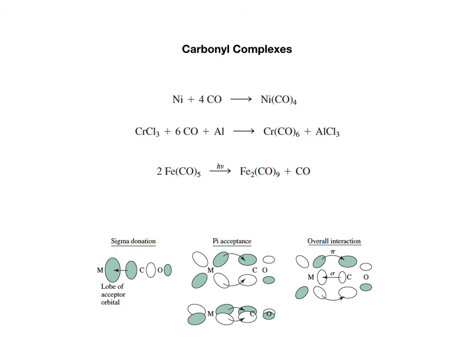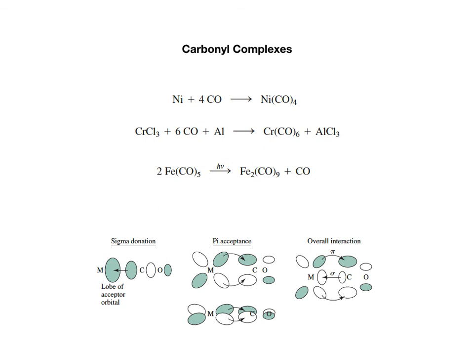Keep in mind, the pi star orbital of carbonyl is empty. Okay? So the overall interaction is the sigma bound electron density goes to the metal, and the d electron density goes back to the pi star orbital of the carbonyl.